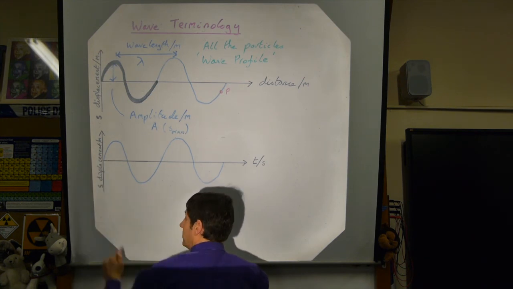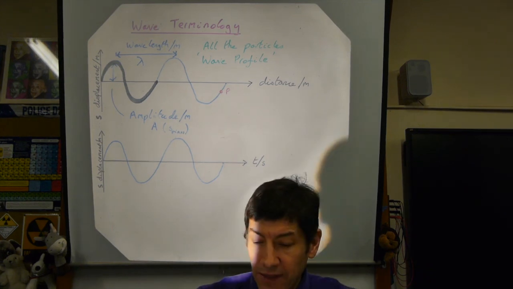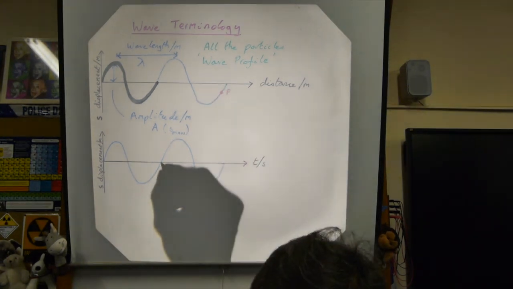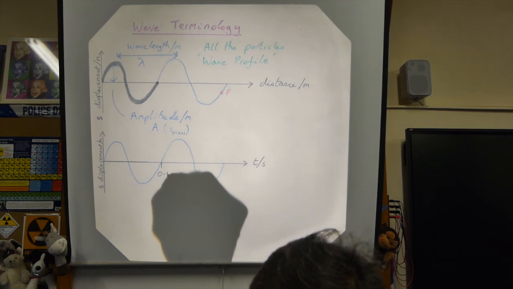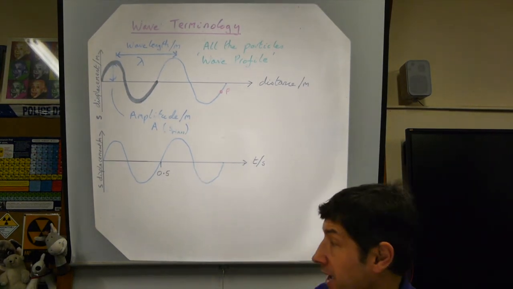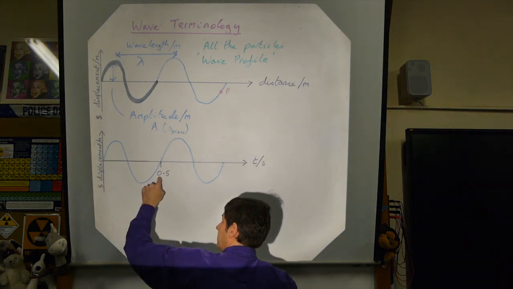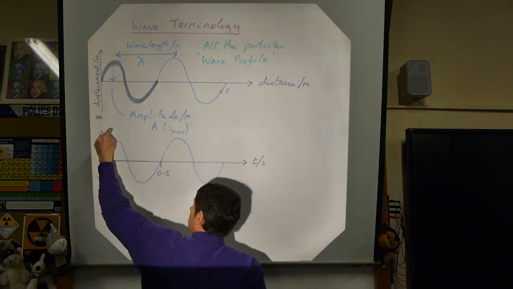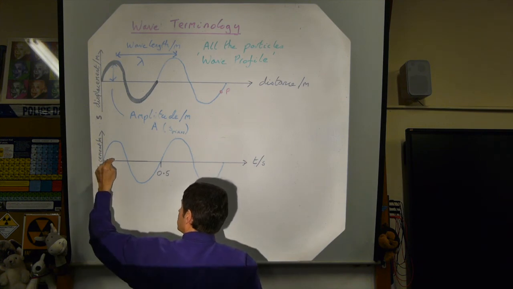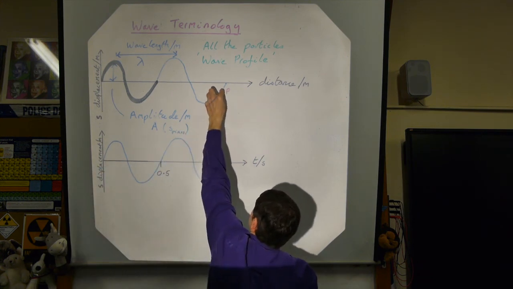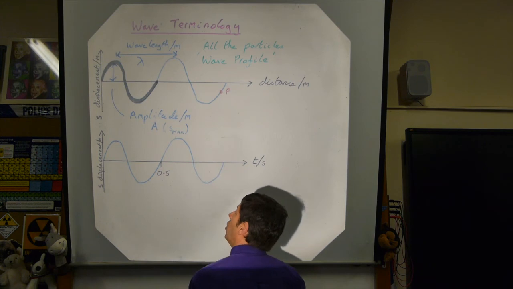Okay, it's at its equilibrium position. And then as time ticks away, should we go to here? 0.5 seconds. Okay, you can see between the start of your stopwatch and half a second, that particle has moved all the way up, all the way down, and back to where it started.